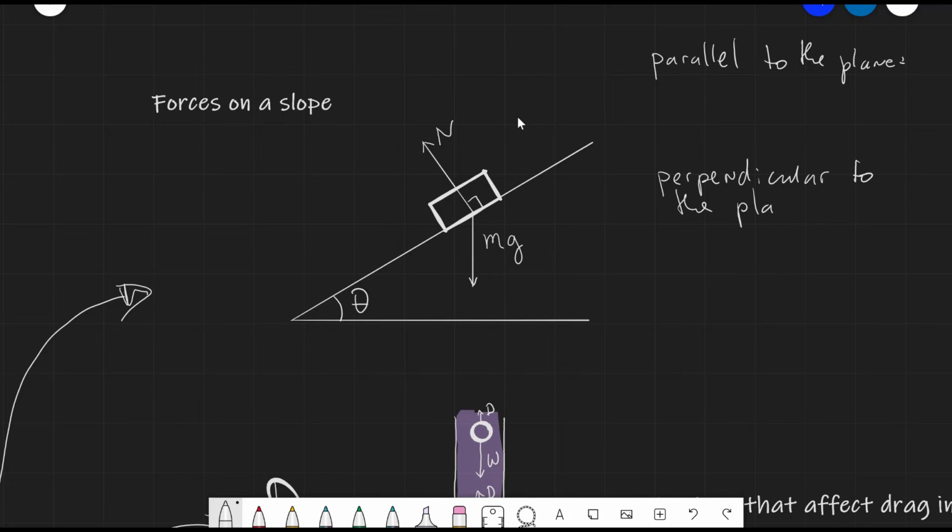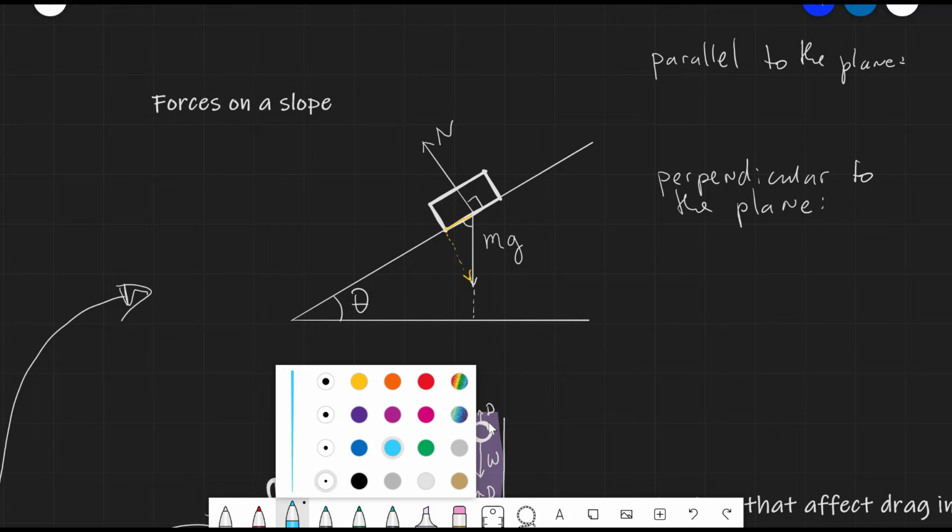So let's do that using some simple trigonometry. First off, if the angle here is theta, then we can say that this angle here will be 90 minus theta. Well, hang on a minute, let's use a different color for this. We can split the component of the weight as a component which is perpendicular to the plane, which is this one over here, and also a component which is parallel to the plane. Let's just use a more contrasting color.